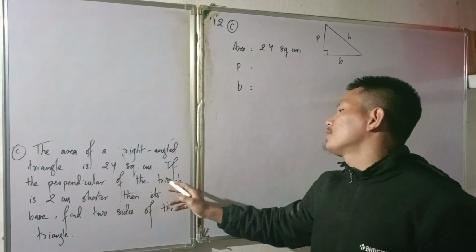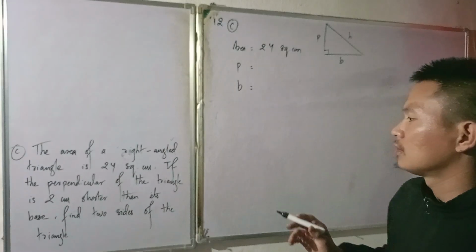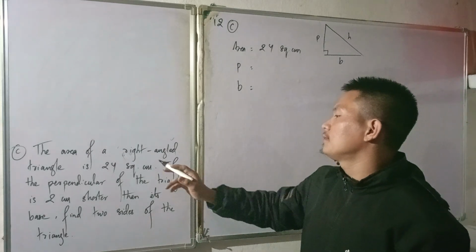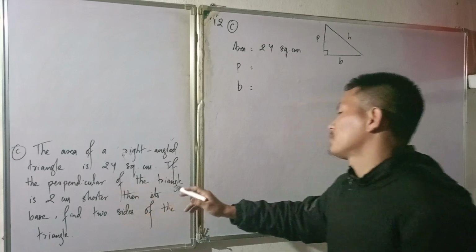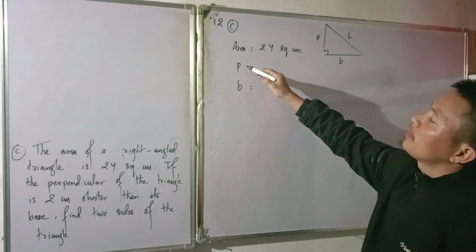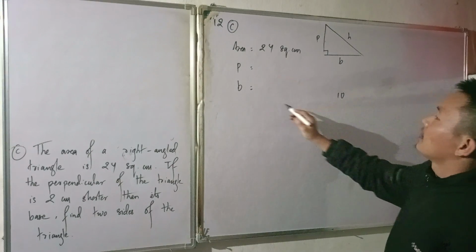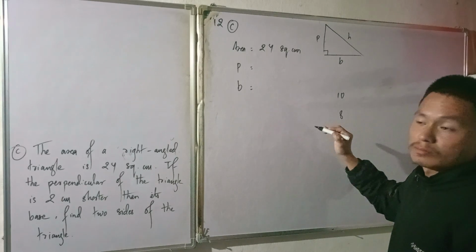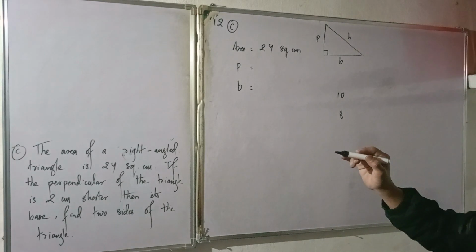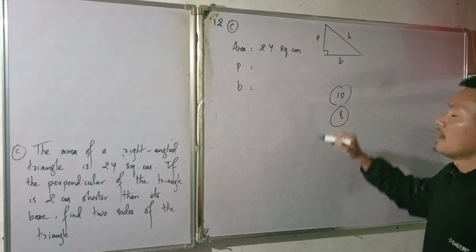If the perpendicular is 2 less than its base, it means if the base is 10, then the perpendicular will be 8.